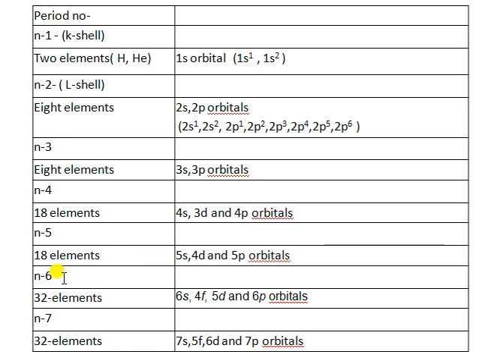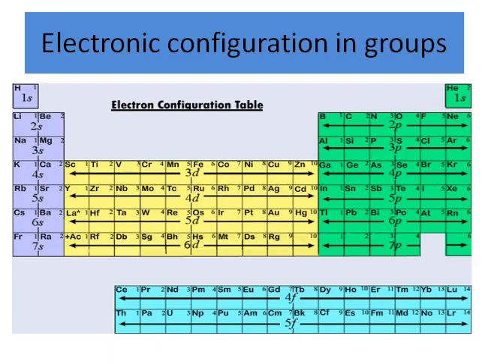In period number 6 there are 32 elements present, because it also contains some inner transition elements. In this period there are actually 18 elements in your periodic table, but the elements from lanthanum break off and come from the f orbitals.